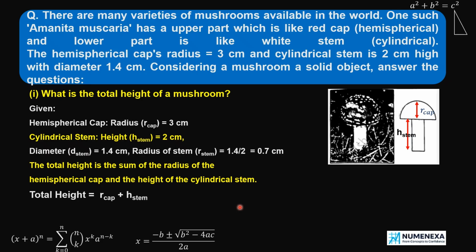Mathematically, total height is equal to r cap, the radius of the cap, plus h stem, the height of the stem. r cap is 3 cm and the height is 2 cm. The total height will become 5 cm.